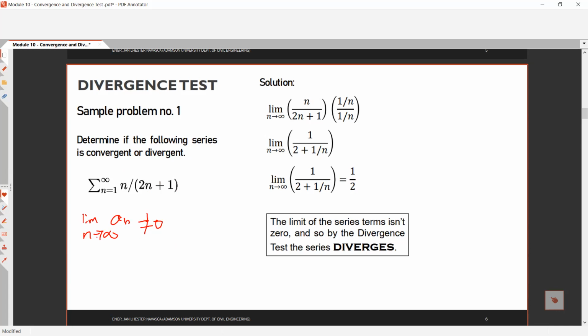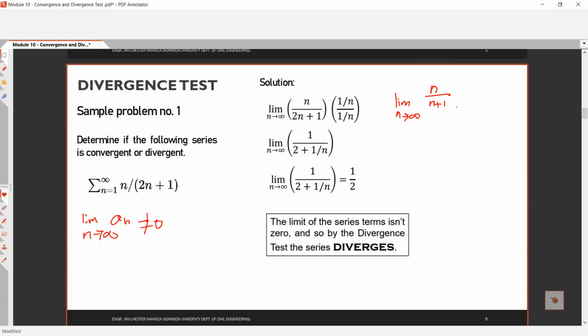Paano ba using your limit? Naalala nyo ba kung paano take ng limit of a function, from your calculus? Ganito yon. Take your limit as n approaches infinity, then write the function. The series is n over n plus 1.